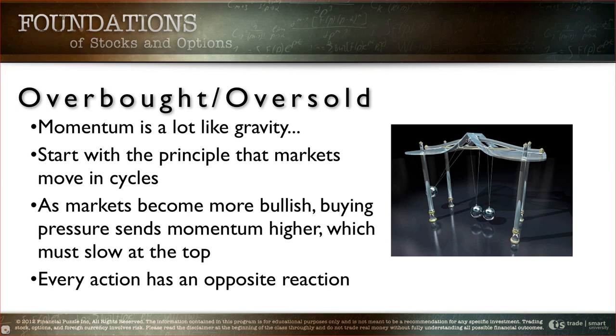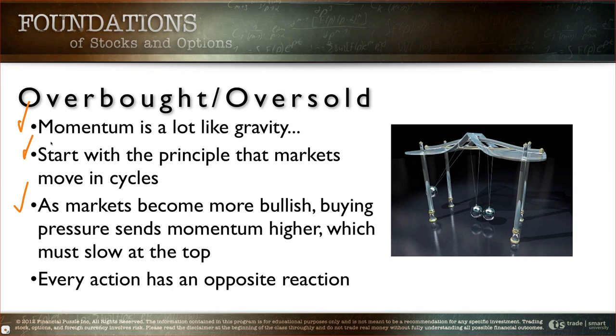So as we think about overbought, oversold, remember, momentum's a lot like gravity. Start with the principle that markets move in cycles. Understand that markets do not go straight up and they do not go straight down. In every situation, markets move in cycles. And then as markets become more bullish, the buying pressure starts to send the momentum higher, which must eventually slow at the top.